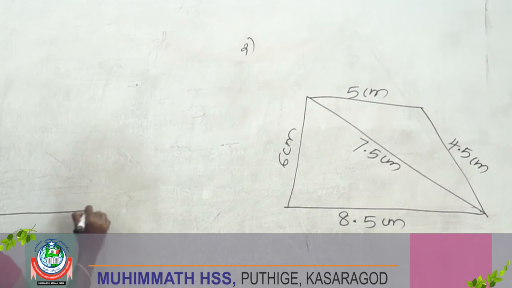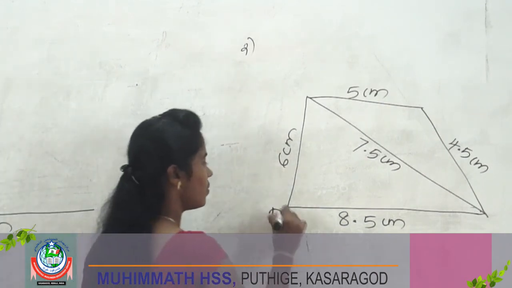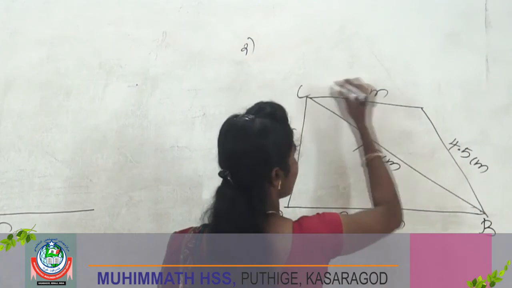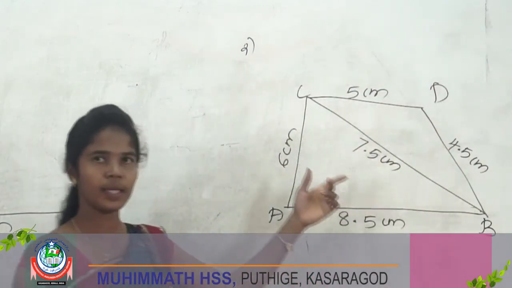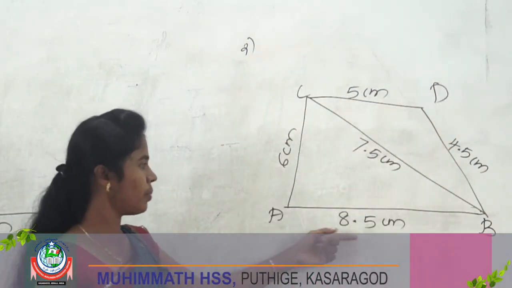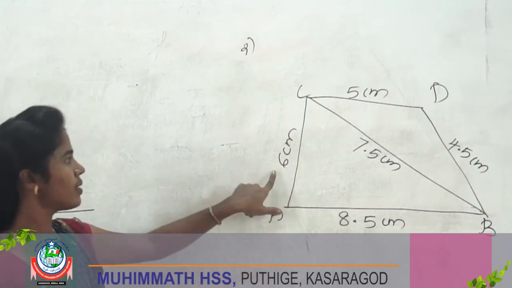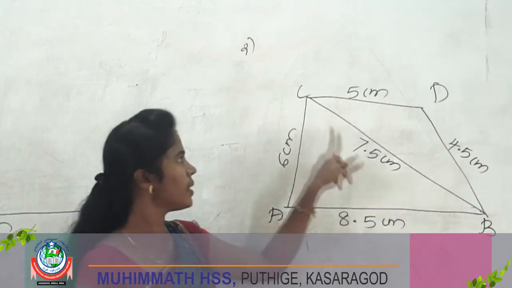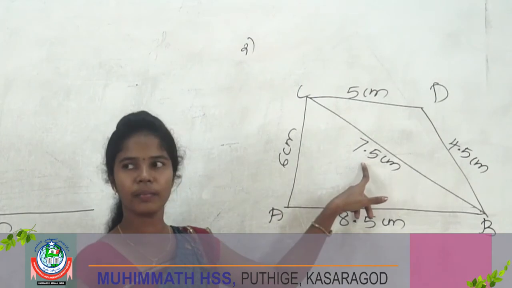Use correct measurement. Base is 8.5 centimeter. Then first you draw triangle ABC. So base is 8.5. Then other two sides of the triangle ABC are 6 and 7.5.